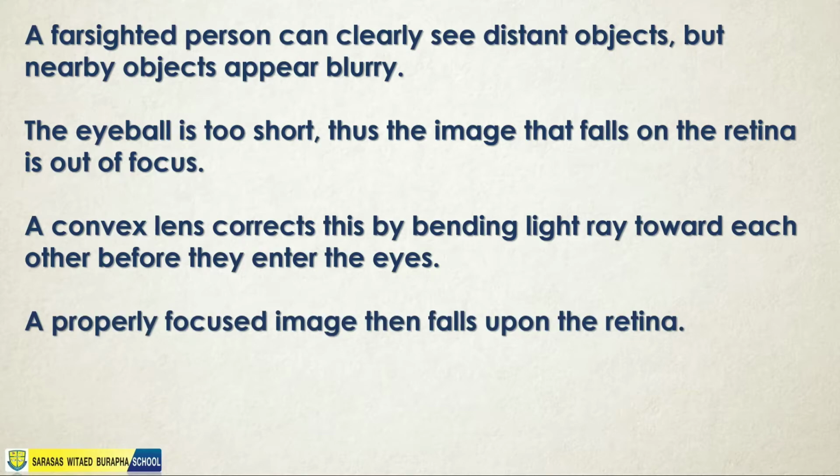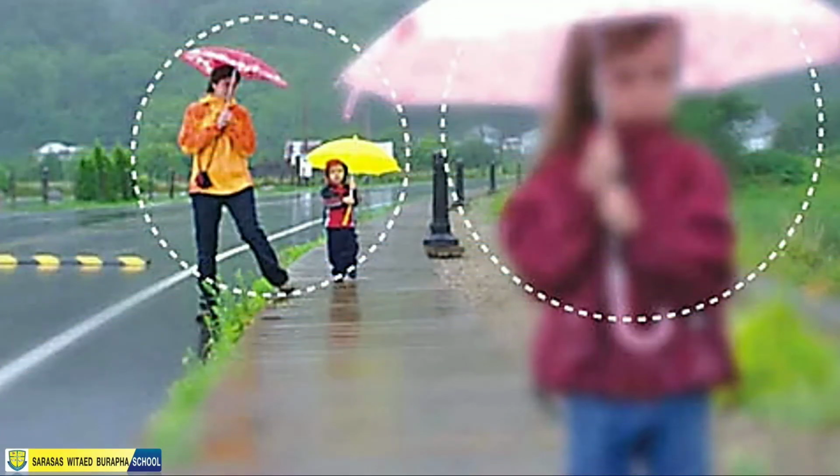A properly focused image then falls upon the retina. Here are some examples of far-sighted persons. As you can see, images near the person is somewhat blurry while the object from far is somewhat clearer. Here's another example.